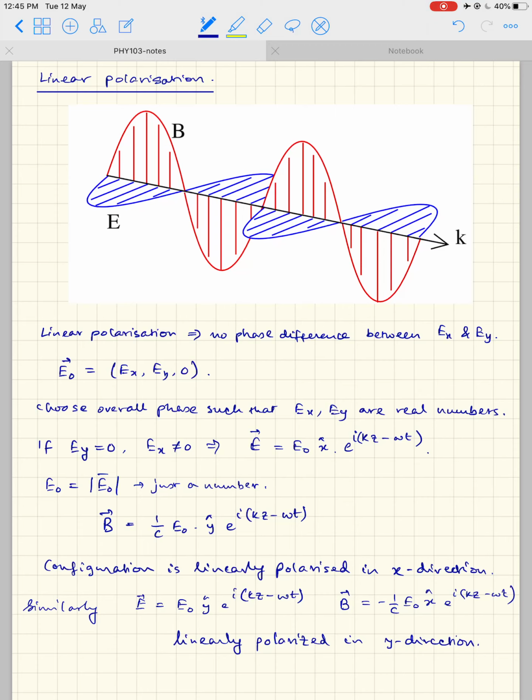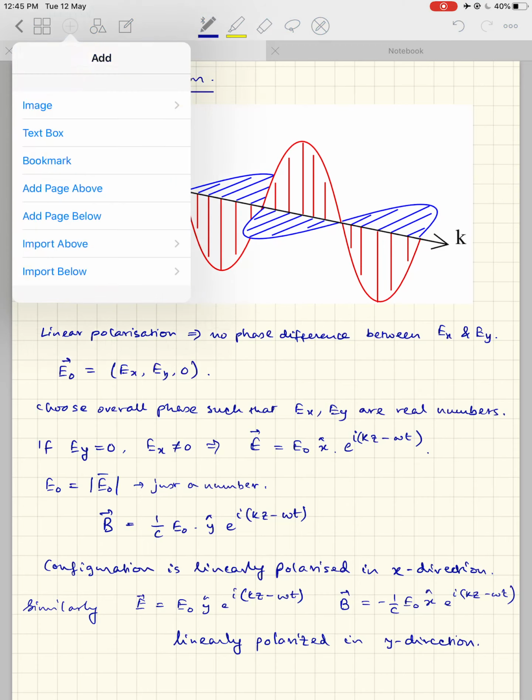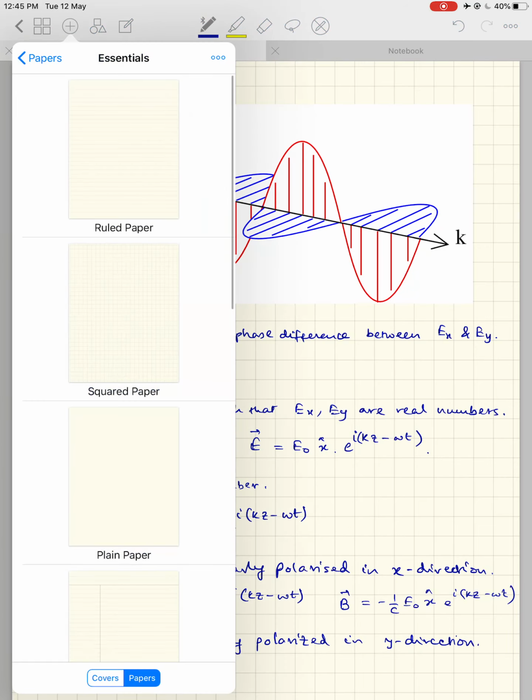Let's say a few more things. We implicitly want to have the real parts of these fields.